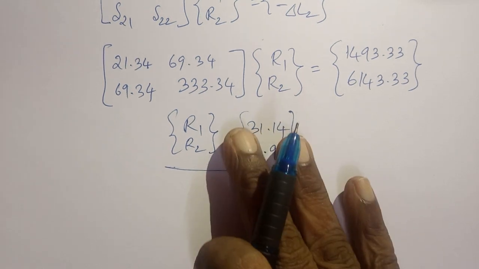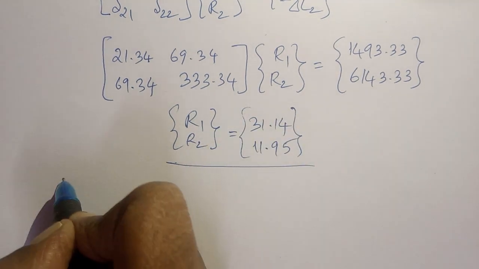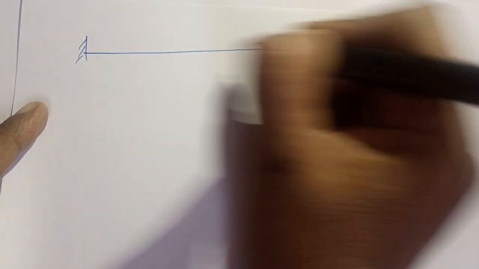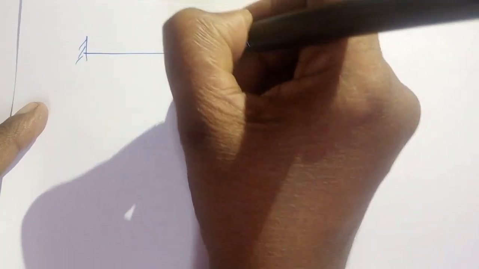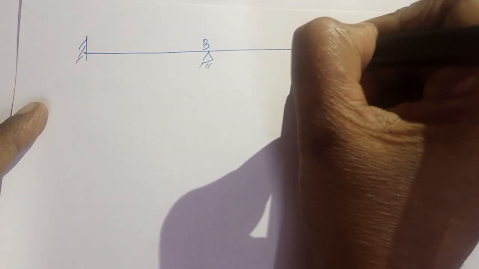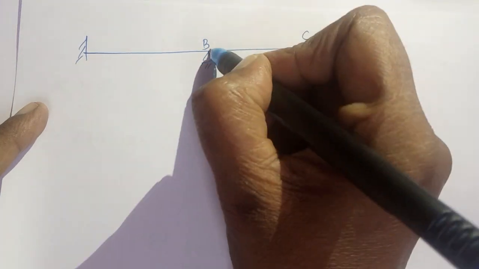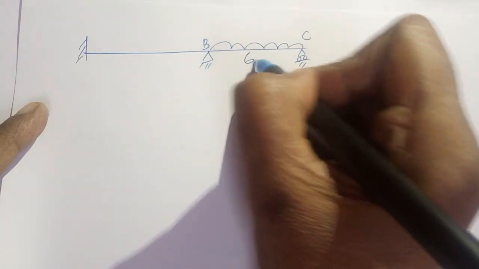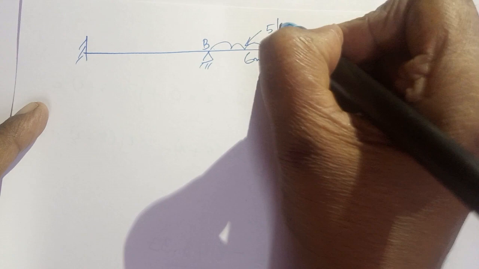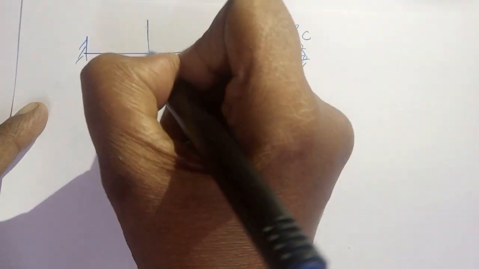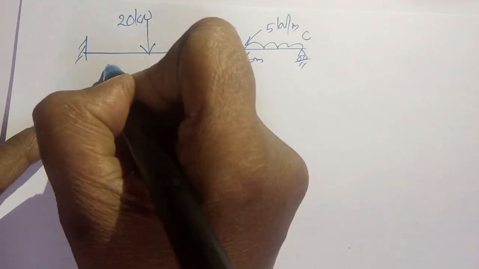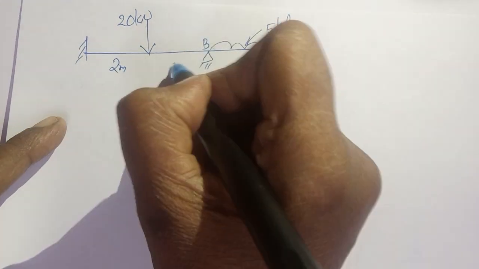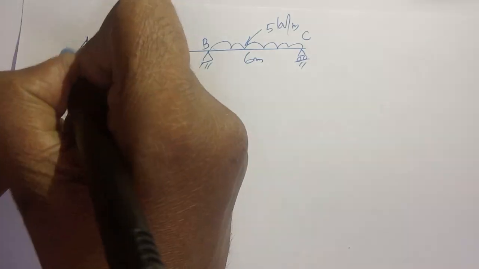Now from these redundant reactions, you have to draw the shear force diagram first. This is point B, point C. This 6 meter, you are having 5 kilonewton per meter. You are having a load of 20 kilonewton. This is 2 meter, 2 meter.